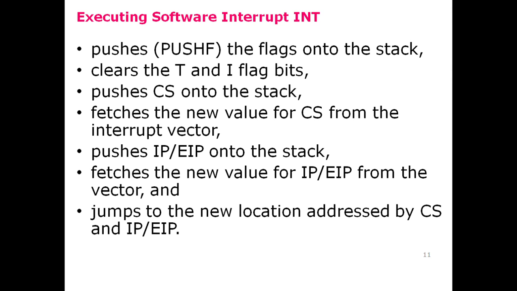The microprocessor clears the T and I flag bits because the interrupt service procedure is being executed, or the control passes to that procedure. So it's better to disable the trap flag. It's better to disable the interrupt flag so that no more interrupts are received while this interrupt is being addressed or handled.